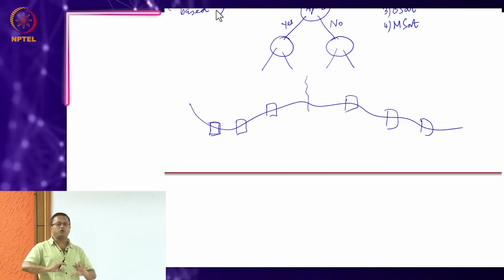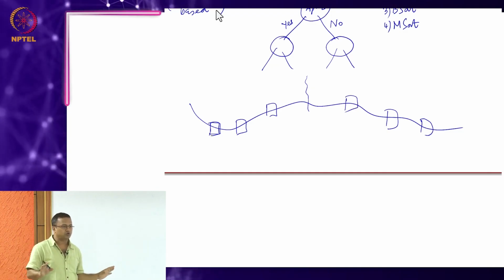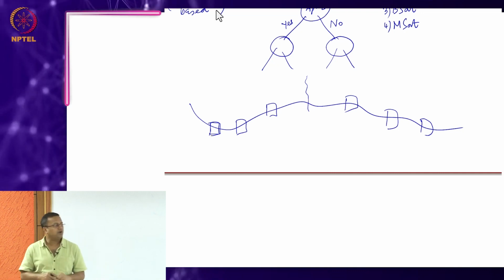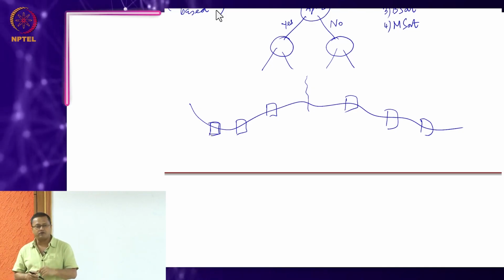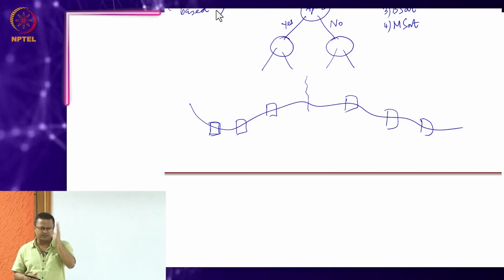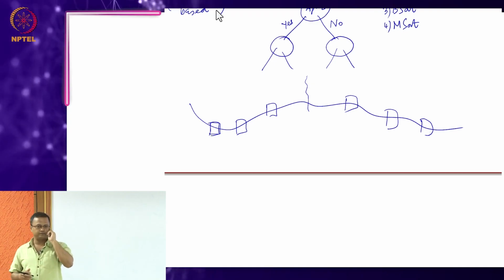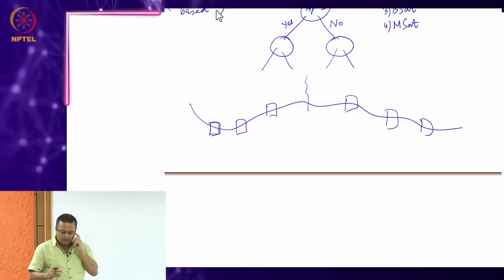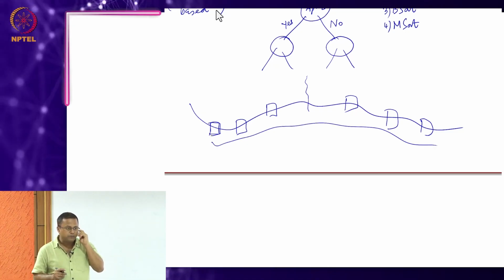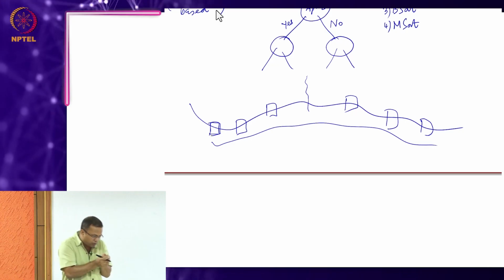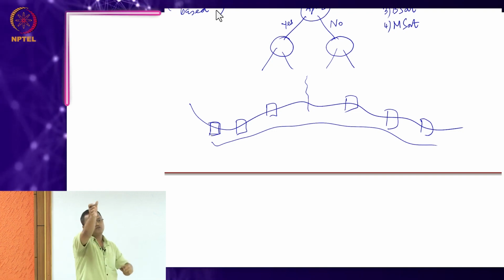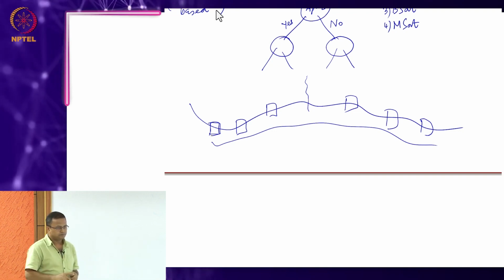When you need nothing more to do, that means you have got a sorted output. Now, mind you, a sorted output is any one of the factorial n permutations of the numbers that you are given. I have made all of the numbers distinct, so that you have factorial n permutations. So, my leaves are any one of these factorial n permutations. That means my machine model is such that it starts from the root, makes comparisons and finds its way to any one of these permutations, which is a sorted order.